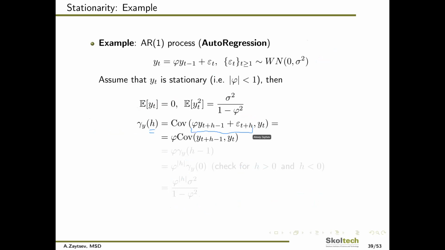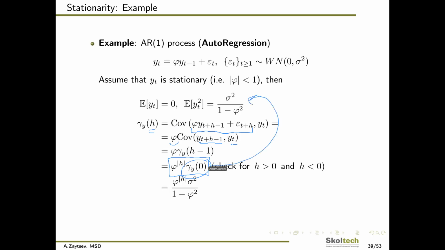We take phi away and we are one step closer to y_t. We repeat the step one more time, and so on, h times. And now we have this term here, which is what we already have. So basically we produced the autocovariance function for the autoregressive random process of the first order.